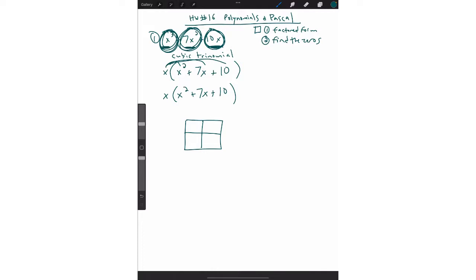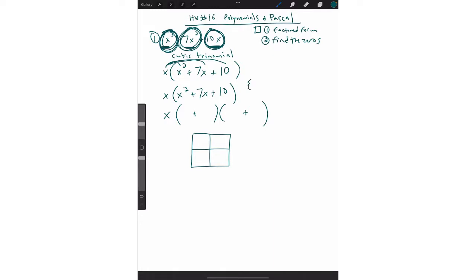Remember, we used to do something like this: x times, and we had a plus plus, so that means our answer is going to be a plus plus. This is a bit of a review, but this is where it starts making sense and we start piecing this puzzle together. We want to find the factors of 10.